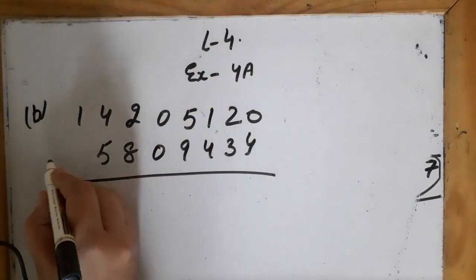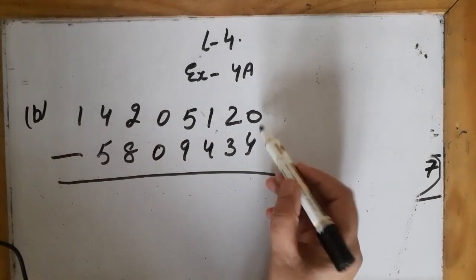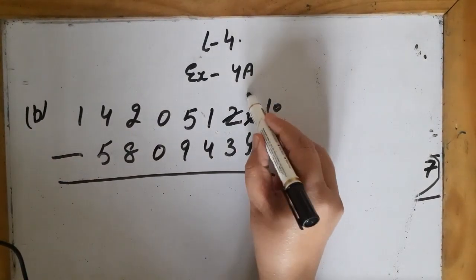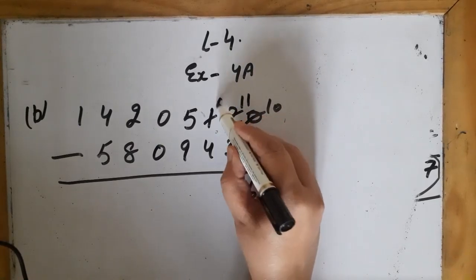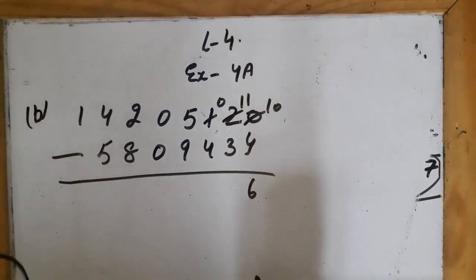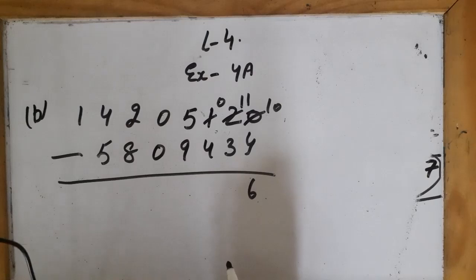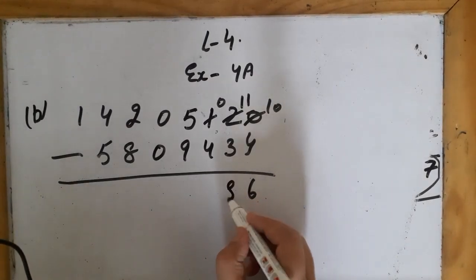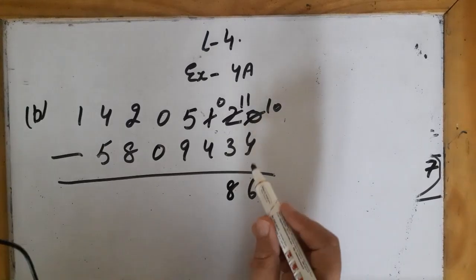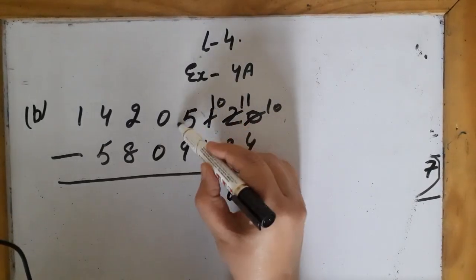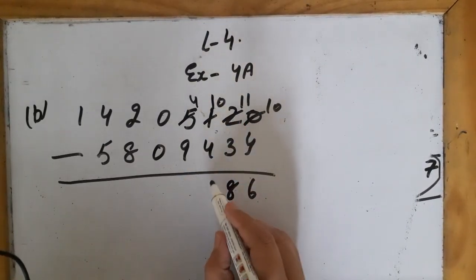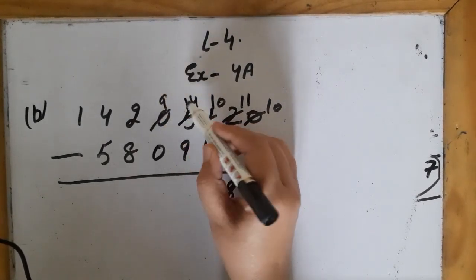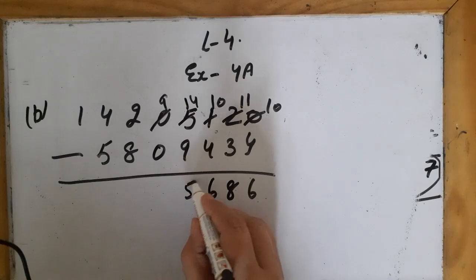Now when I subtract, what will you get? 10 में से 4, 6, so this will remain 1 and it will become 11. 11 में से 3 is 8 and this will become 10. 10 में से 4, 6 and this I will make 14. This will become 9. 14 में से 9, 5.